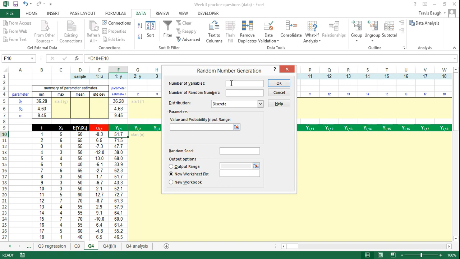the number of variables or number of samples that we want to take is 99. The number of random numbers that we want each time, so this is actually our sample size, is 50.